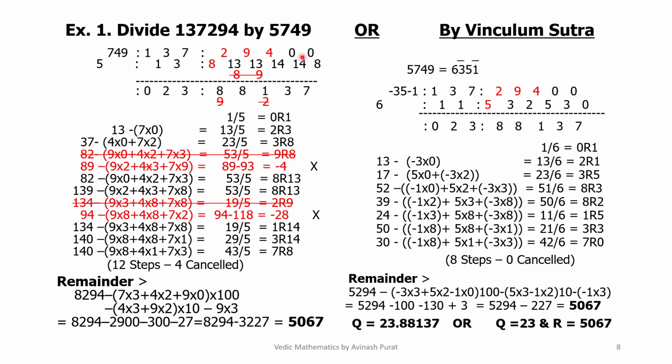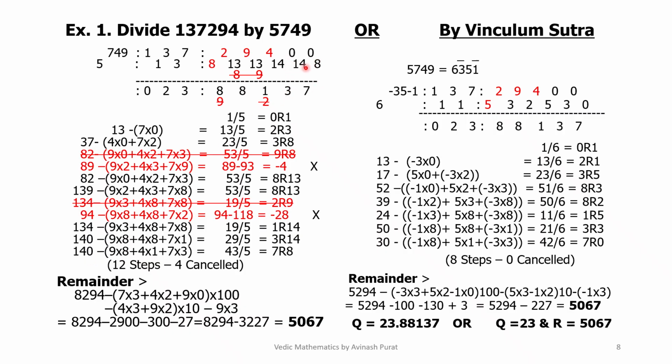Now 140 is dividend minus 9 into 8 plus 4 into 8 plus 7 into 1, that is equal to 29 divided by 5. So 3 is quotient and again 14 is remainder.